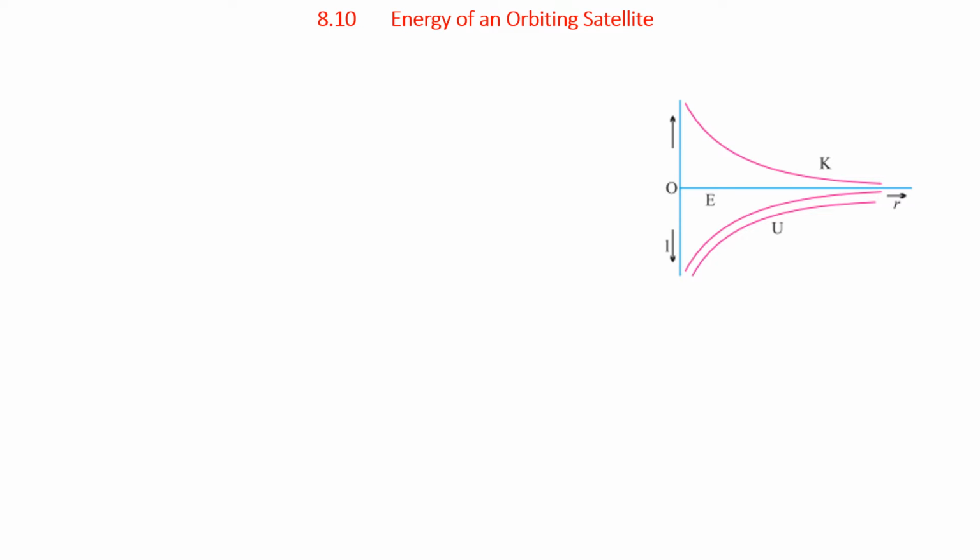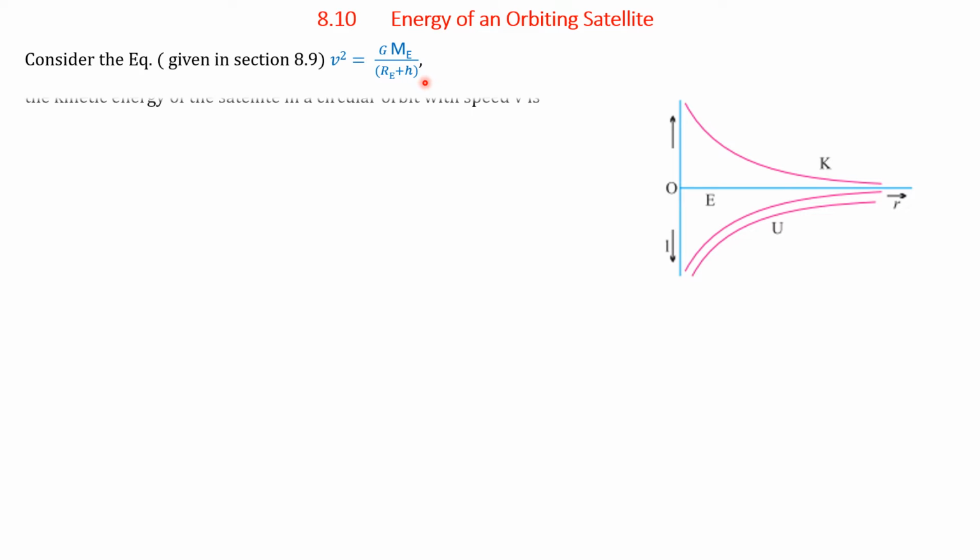Energy of an orbiting satellite. Consider the equation V square is equal to G into ME divided by RE plus H, where V is the velocity, G is the gravitational constant, ME is the mass of Earth, and RE is the radius of Earth, and H is the height of an object above the surface.